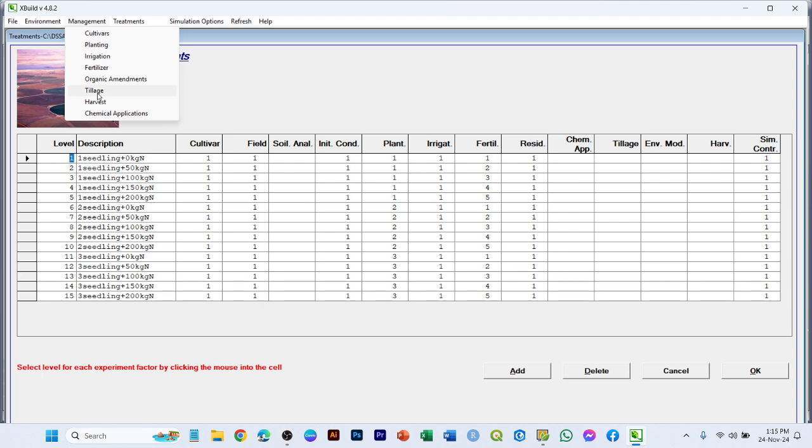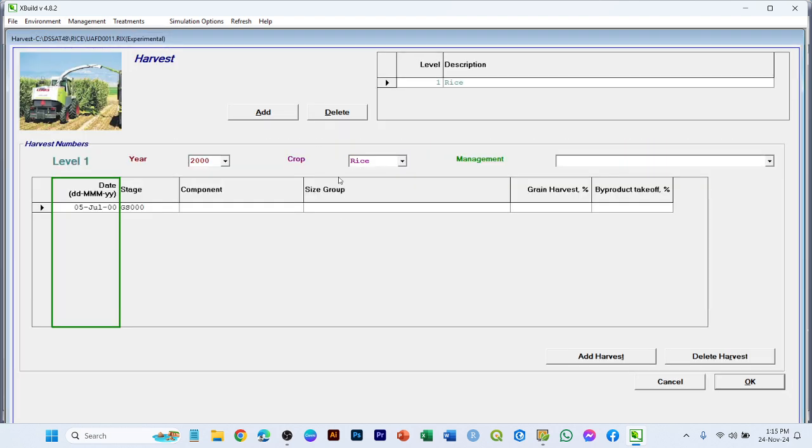So this depends on crop to crop. Some types of crops have different stages. Harvested at which stage? In the juvenile phase, panicle initiation, in rice.